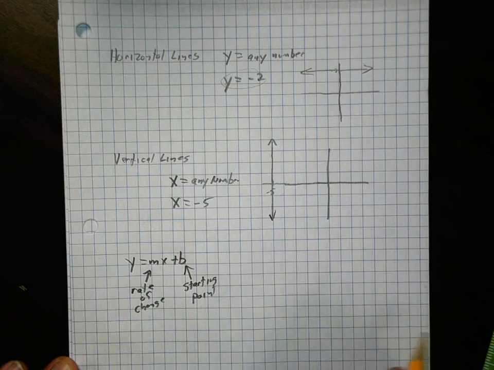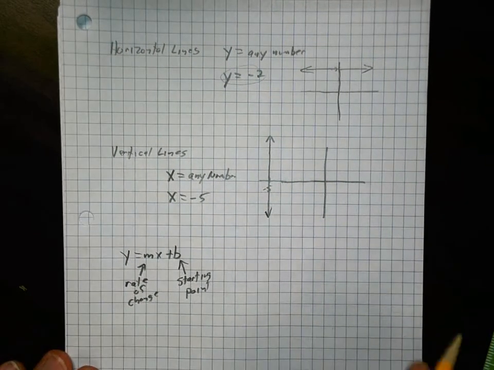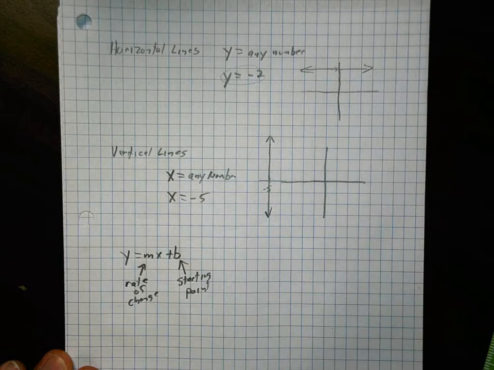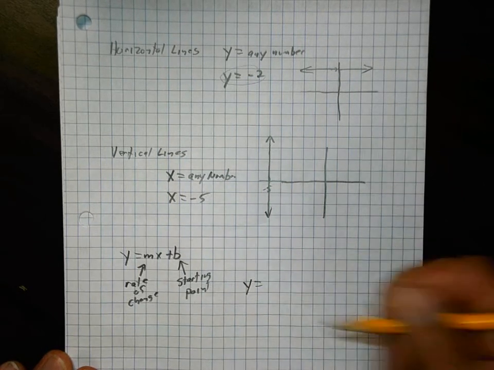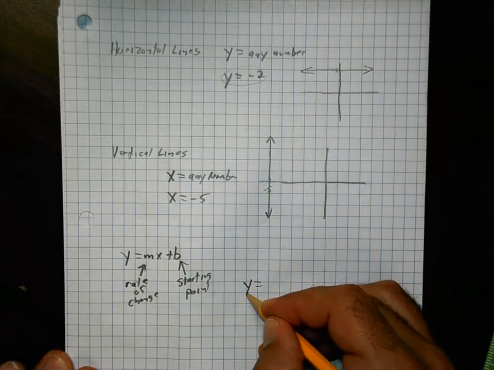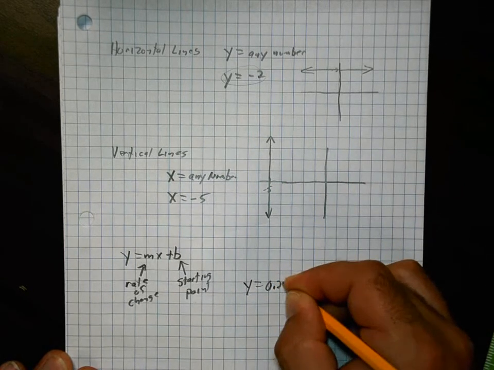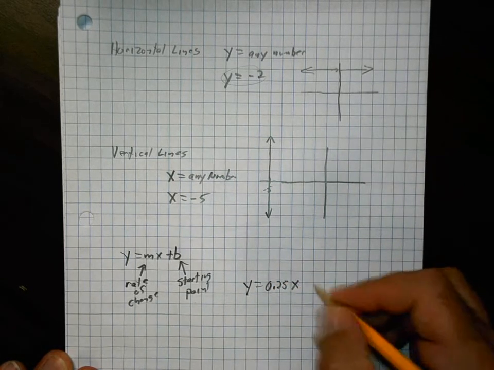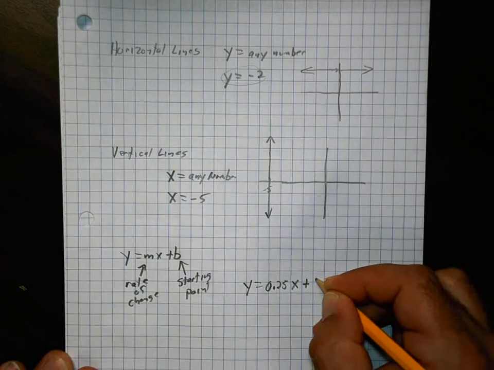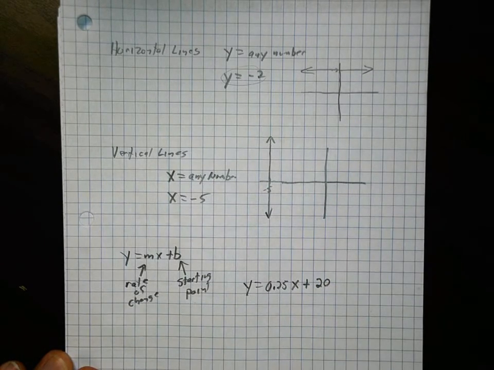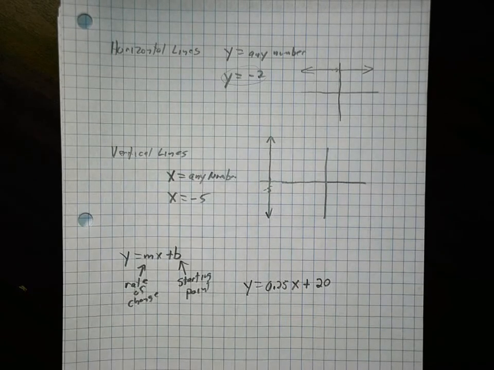For example, let's say I had an account online to download music, and it cost me $20 to get the membership, and it cost 25 cents to download songs. An equation for that situation, if y is the cost, would be 25 cents times the number of songs plus my $20 membership. That's how we can apply a rate of change to that. So that is section 2.3 on graphing equations of lines.